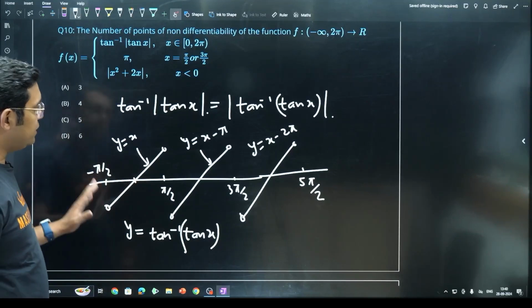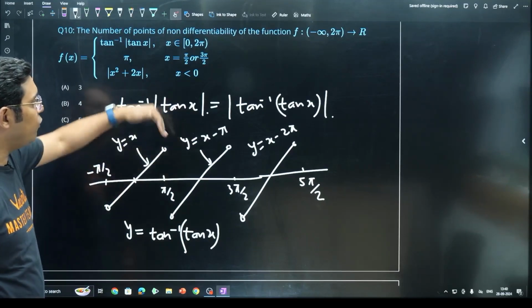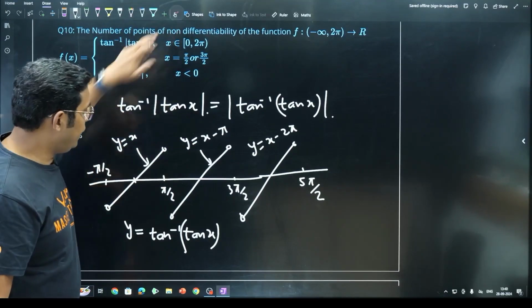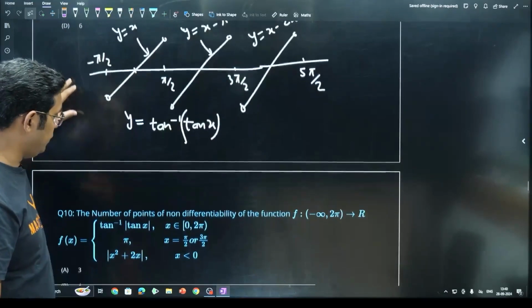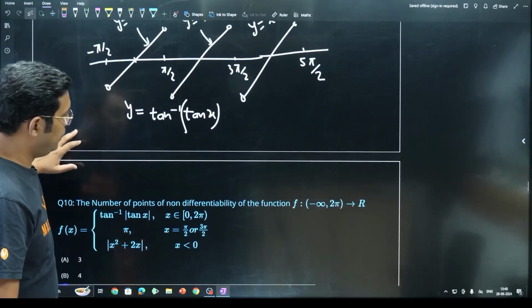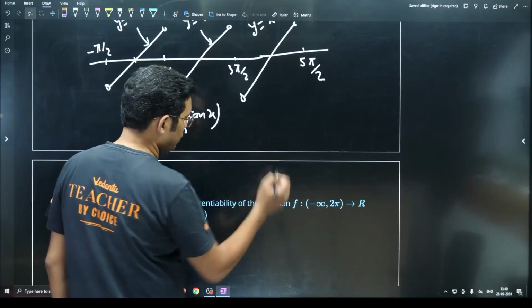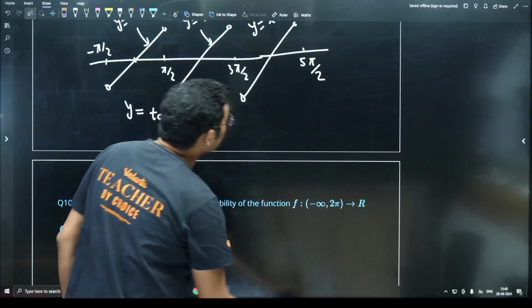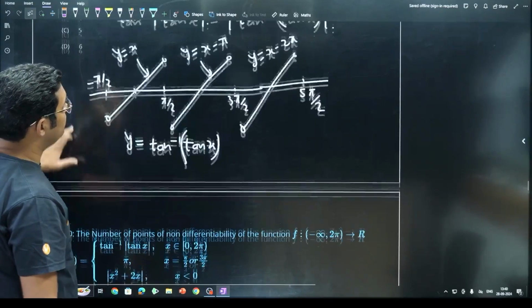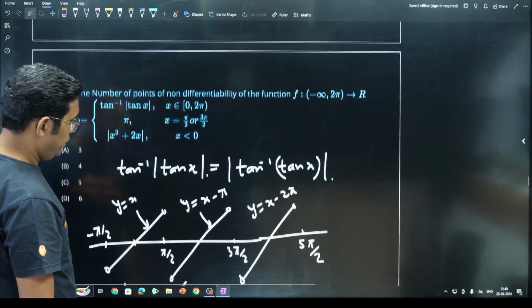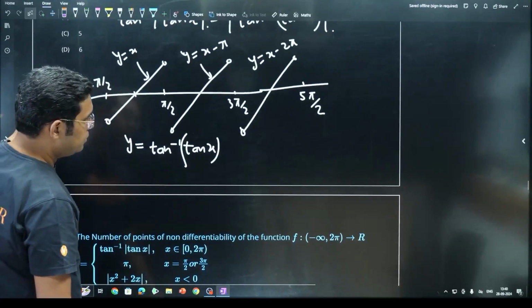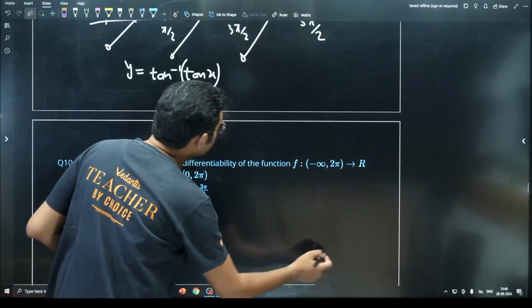Okay, now this is the graph of tan inverse 10x, but we want the mod of this thing. Now if I have to draw the graph of the mod of this thing, I'll make the graph here, or maybe I'll use this space, a little crunch of space, yeah, I'll use it here.